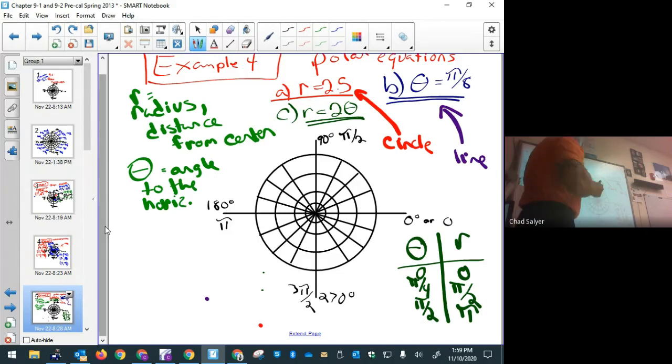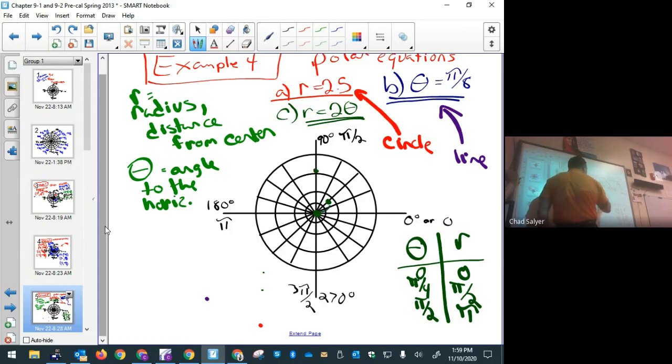So let's plot these points and see if we can see a pattern. 0, 0. Then pi over 4, I go out pi over 2, which is 1.57. Then at pi over 2, which is 90 degrees, I go pi units, which is 1, 2, 3, and then a little more.